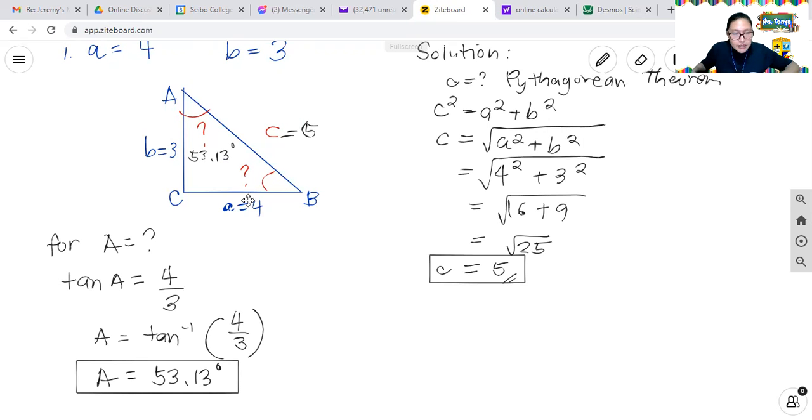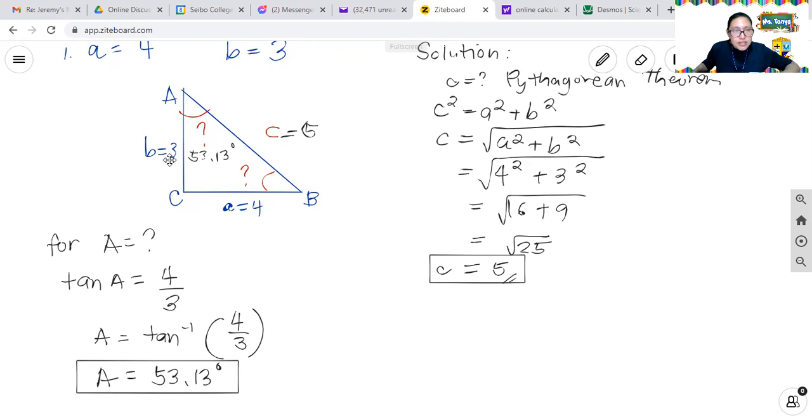And in this case, since the two given pieces of information are sides, we still use a trigonometric function. What trigonometric function can we use using B and A in order to find angle B?